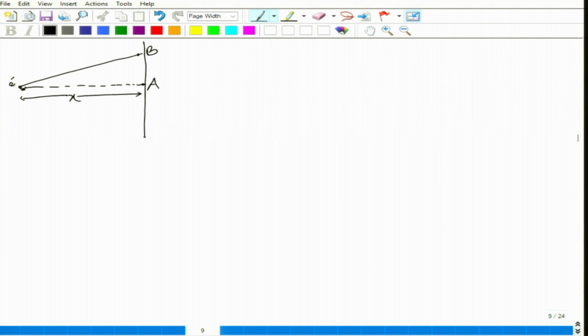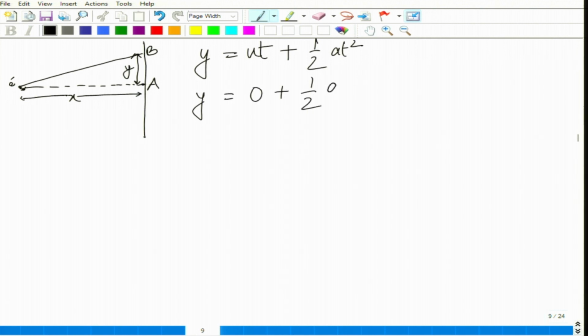We can call this distance as y. So we can write this from the laws of physics. y equal to ut plus half of at square. Now the initial velocity was 0. So y equal to 0 plus half of at square.